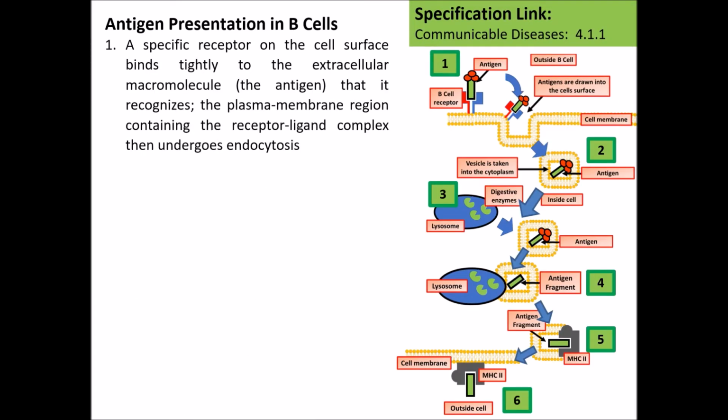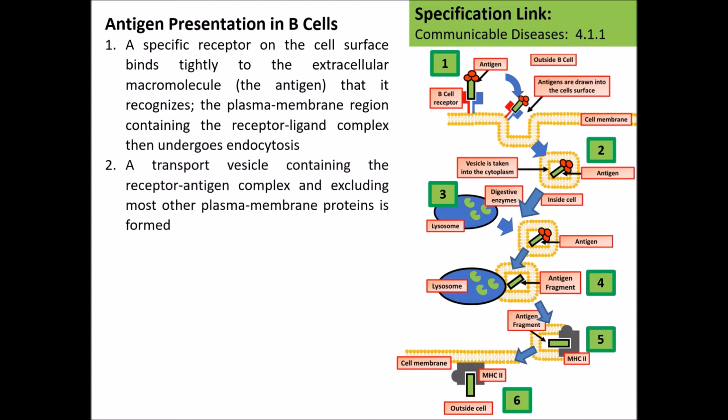So, if we go through how this process occurs. To start off with, a specific receptor on the cell surface binds tightly to an extracellular macromolecule, an antigen, that is recognised. The plasma membrane then takes that antigen into the B cell.